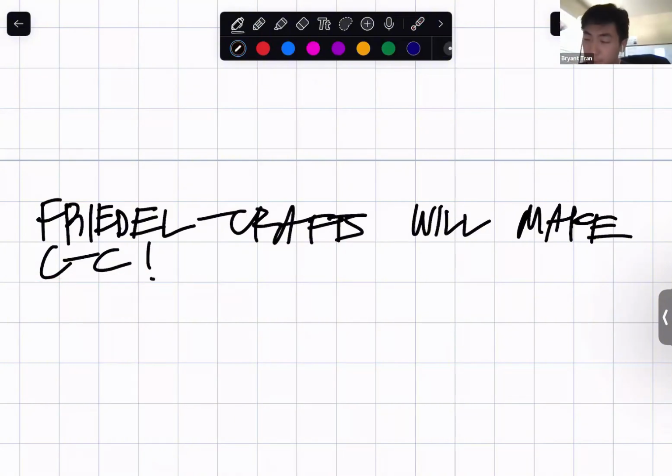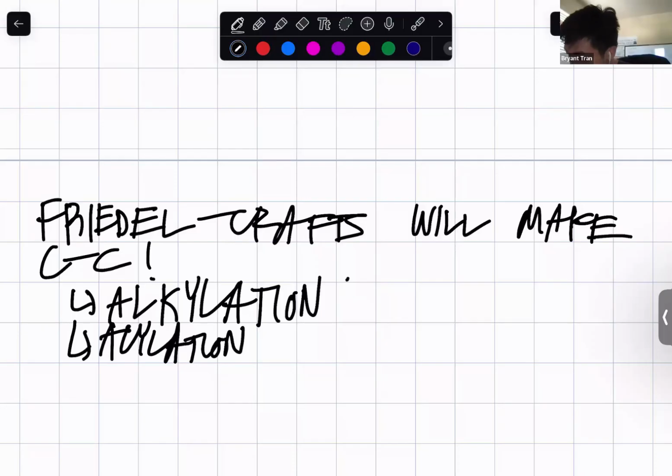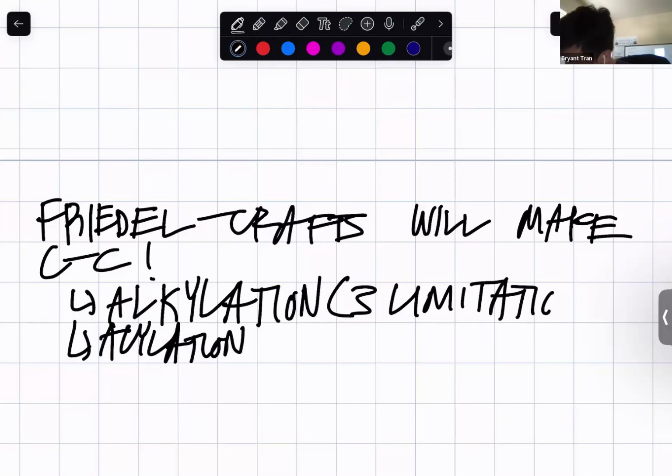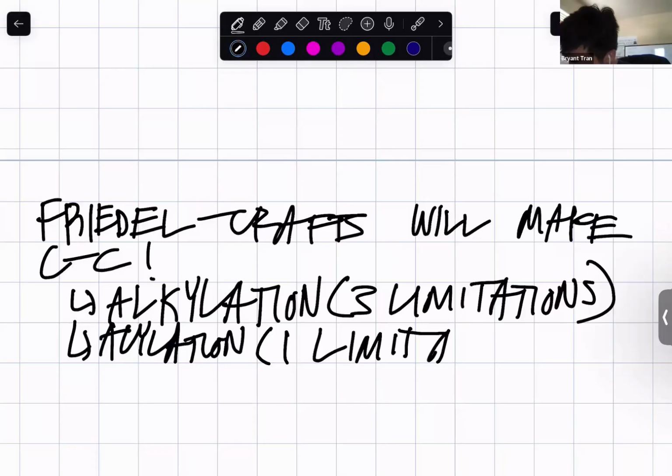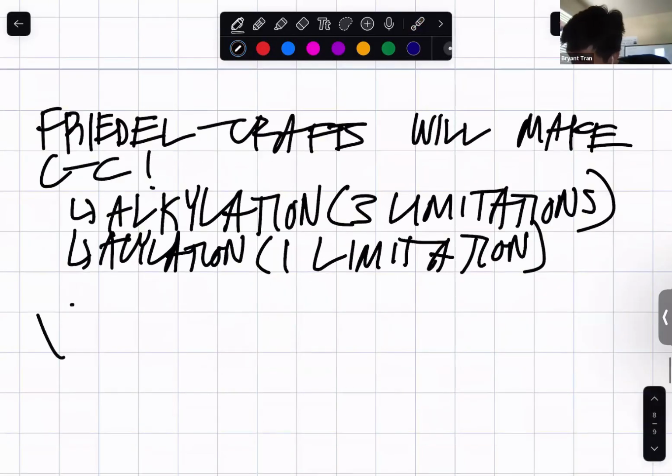And there are going to be 2 that we're going to be talking about: alkylation and acylation, right? Alkylation will have 3 synthetic limitations, whereas acylation will only have 1 synthetic limitation. And that 1 synthetic limitation that the acylation has, the alkylation also has, right?